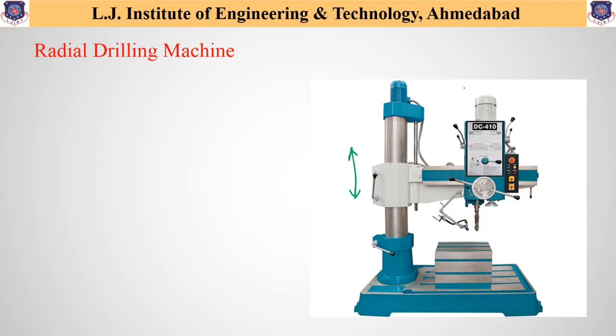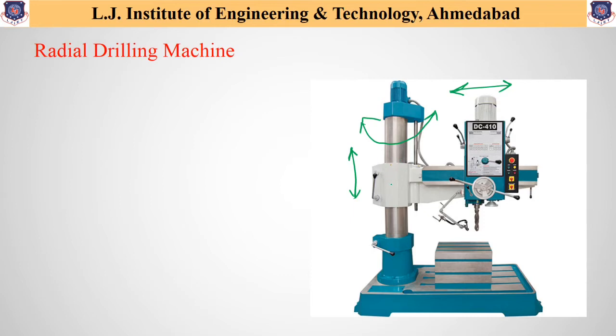The second movement is the horizontal movement on the radial arm. And the third movement is the rotary movement about the vertical column. So these three movements are possible on the radial drilling machine, which are not possible in sensitive and upright drilling machines.